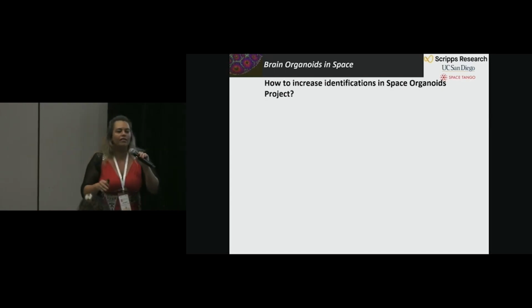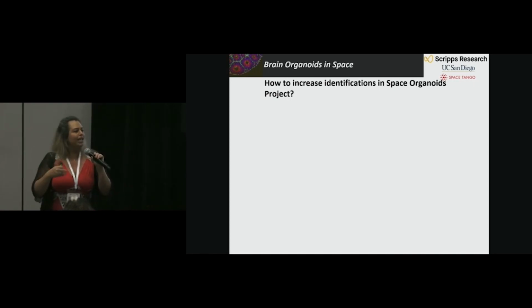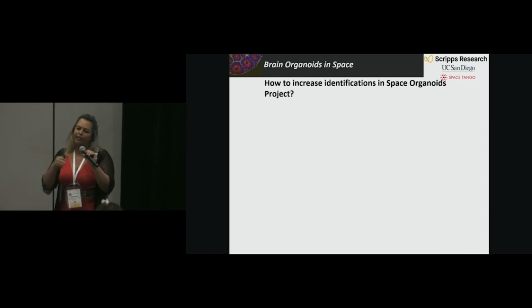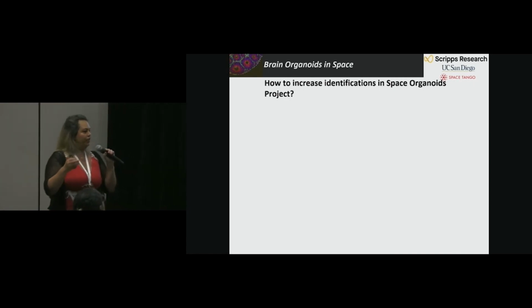We had to have some strategies because, as you can see, 30 days might not be enough to evaluate how microgravity affects these organoids. So we were really afraid that the difference was so subtle.